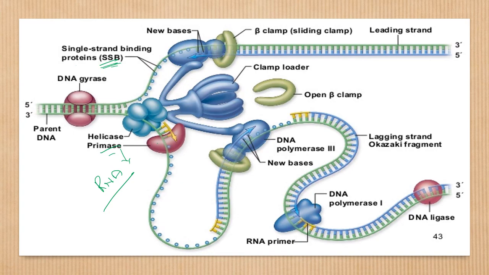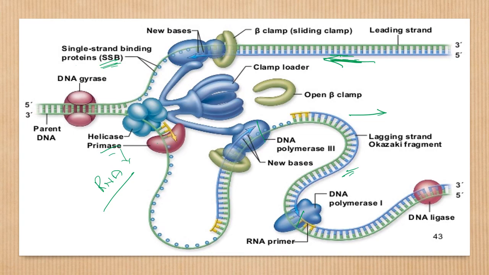Here is one part, here one part, and here. That means it is the lagging strand, the Okazaki segments. And this is the leading strand, continuous replication. This one is the discontinuous replication. Continuous replication in this direction, and discontinuous in the other, that's why it is bidirectional.